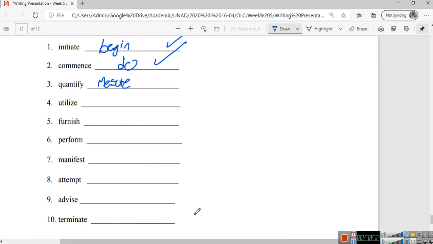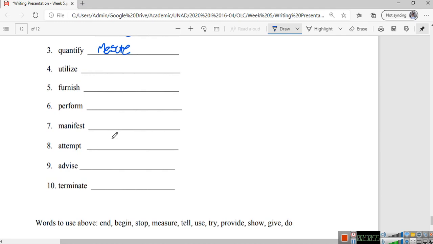Now, utilize. Laura, which one is utilize? Use. Yes, very good. Furnish. I put measure, but I don't know if the word is correct. Furnish. How about perform? Try.